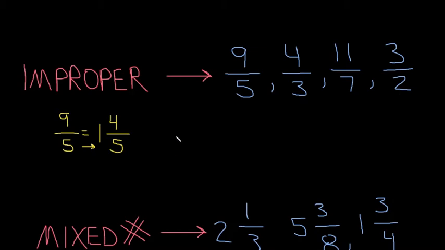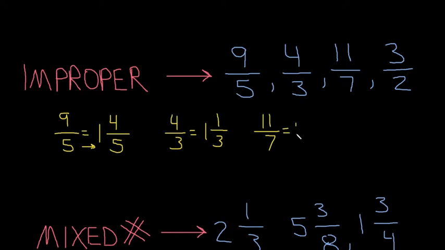Let's try another one. 4/3. How many times does 3 fit into 4? Once, with 1 left over, and then we bring that denominator over. So 4/3 is equivalent to 1 1/3. Let's try 11/7.